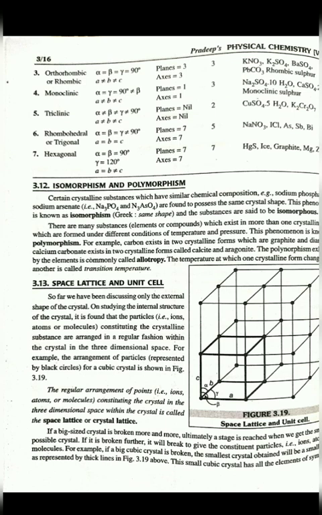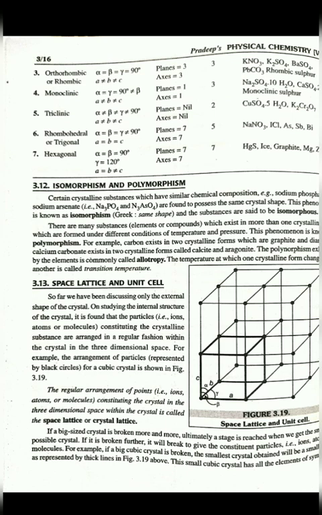Next, heading 3.12, isomorphism and polymorphism. Certain crystalline substances which have similar chemical composition, for example sodium phosphate and sodium arsenate, that is Na3PO4 and Na3AsO4, are found to possess the same crystal shape. This phenomenon is known as isomorphism, Greek for same shape, and the substances are said to be isomorphous.